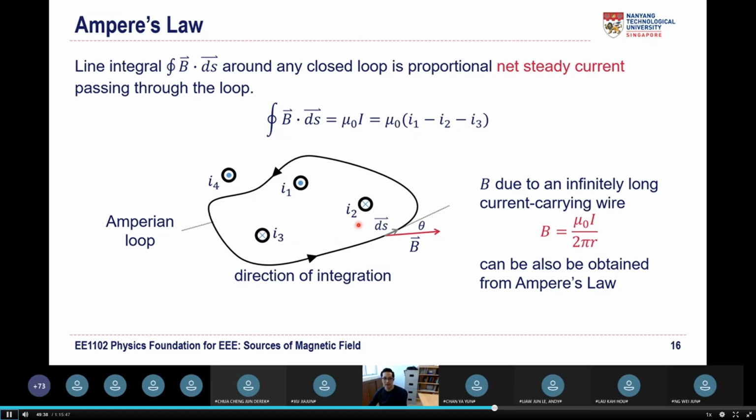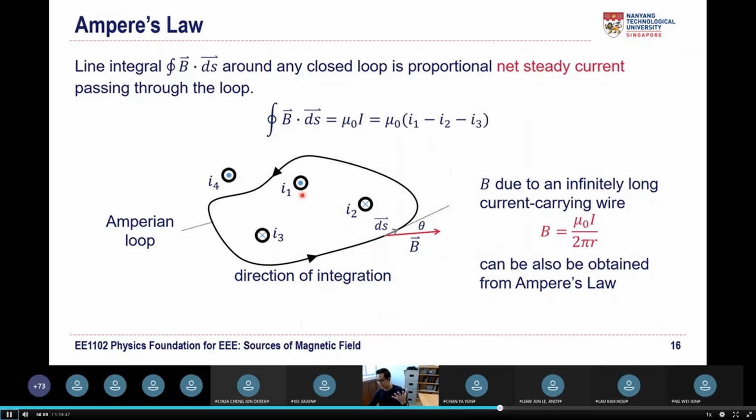Okay, so in this case, if I do a line integral of this arbitrary closed loop, let's say B is due to all of these, and then of course I need to do a small ds contribution, add them all together at every point along this closed loop line. Then that's going to be mu naught times I1, because I1 is positive because it's coming out of the page.